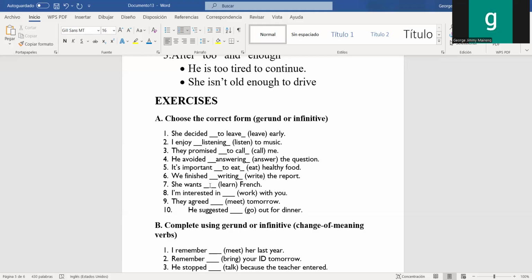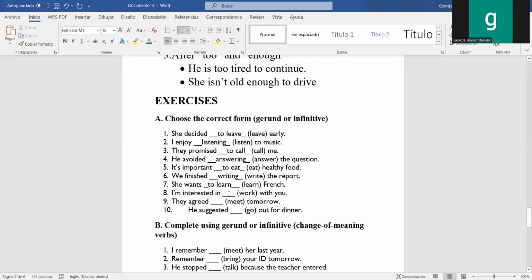We can say, I want to start. Okay, we're going to see some examples here. Number seven, we have she wants to learn French, or she wants learning. She wants to learn, right? She wants to learn. Very good.